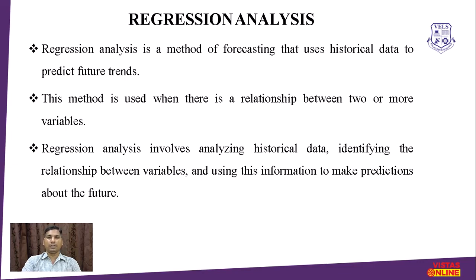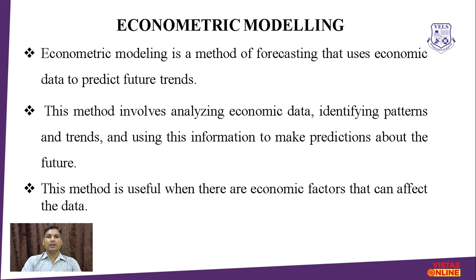The last important one is econometric modeling, which is used for periodic future trends. Here, the government of India conducts a census every 10 years. Why do they conduct the census once in 10 years?